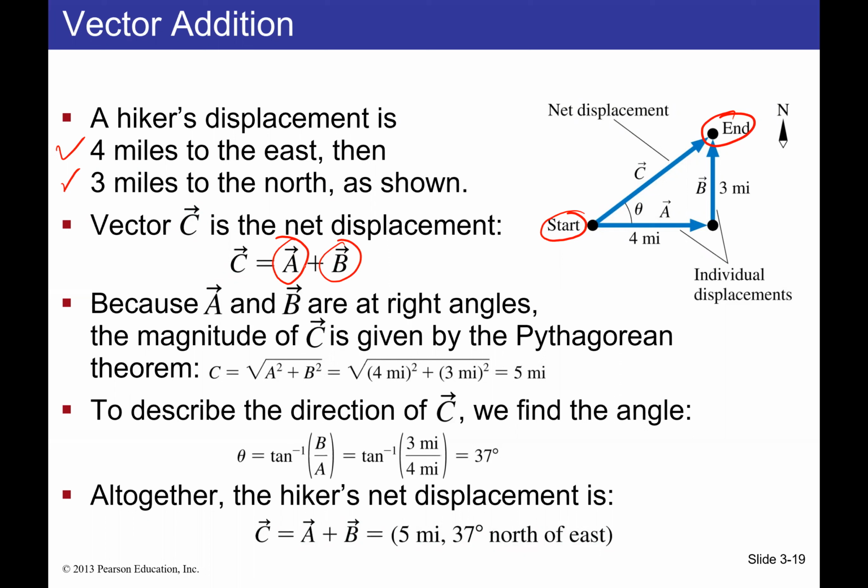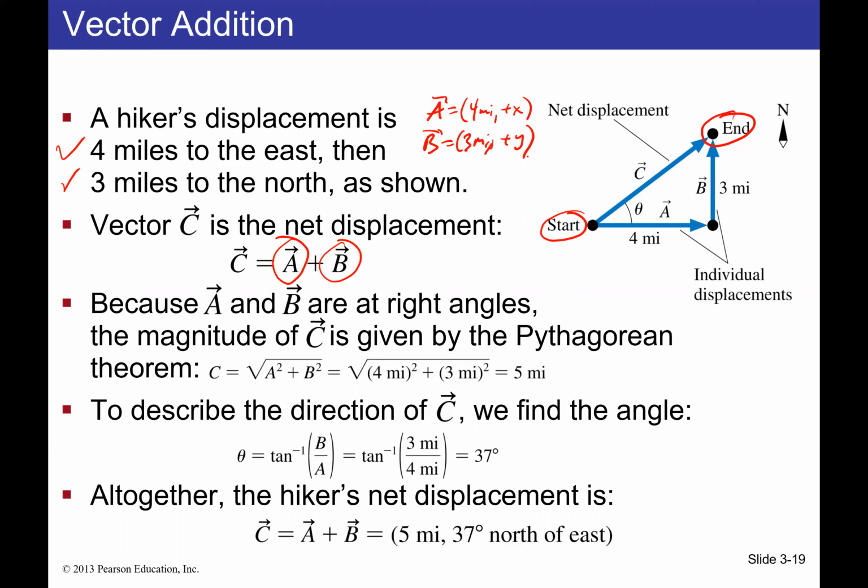All right, so we know that vector A is 4 miles, and this is in a positive X direction, and vector B is 3 miles, in a positive Y direction. Those are the two pieces of information that I have.